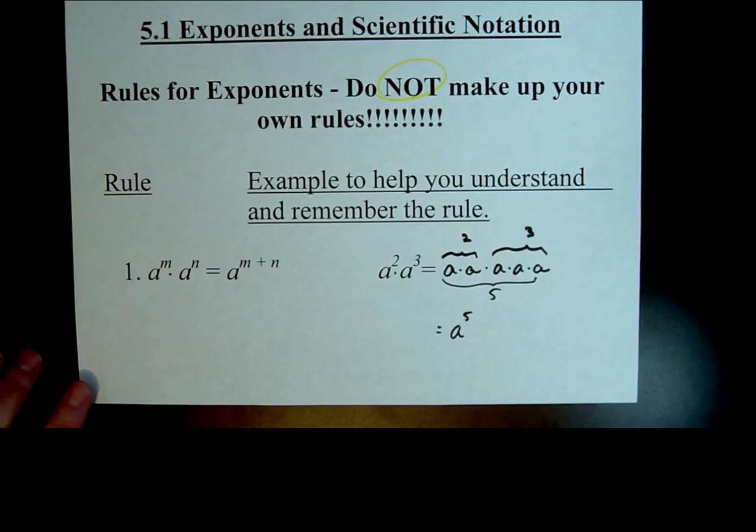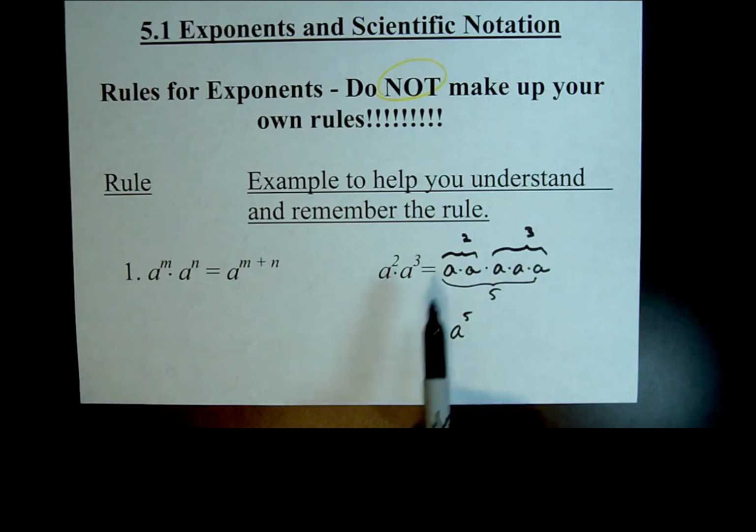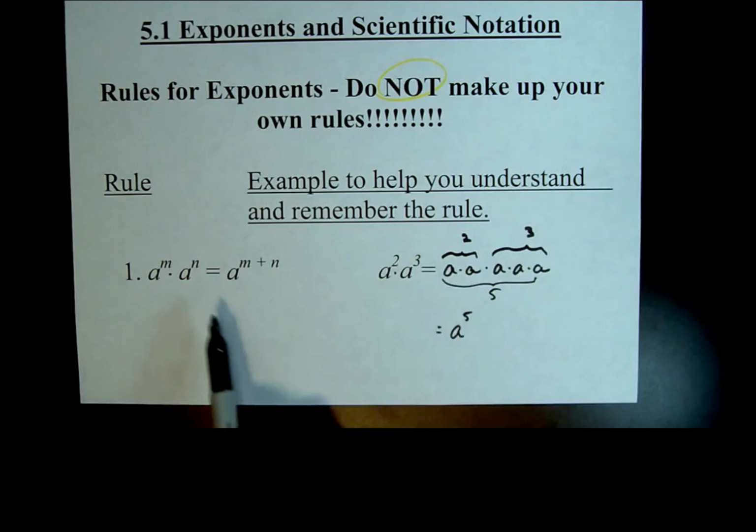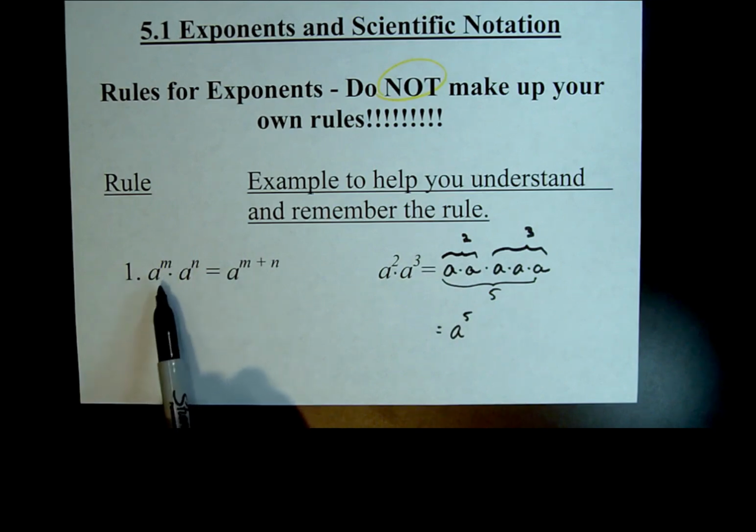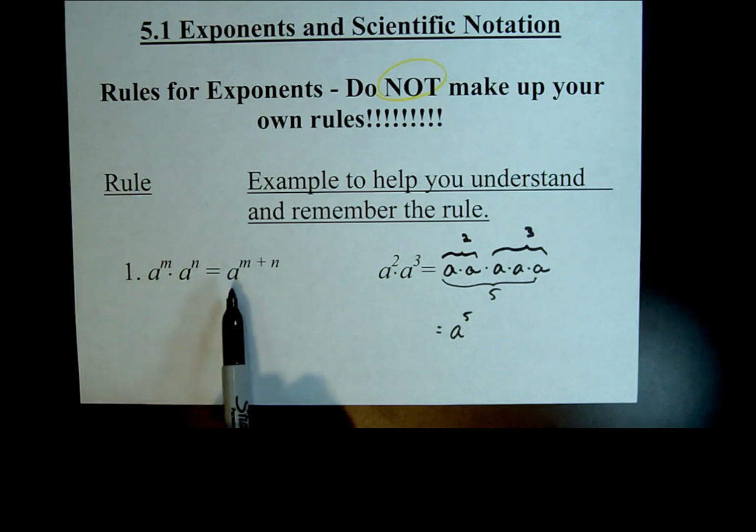Okay, so now I'm just going to say 2 more things before we go on to the next rule. First, if you really understand what's going on here, it almost doesn't feel like memorization. If you really understand that you're stringing m factors of a together with n factors of a, so the number of factors of a you have is m plus n of them, the rule makes sense, and it's not like, oh, I'm just memorizing this random thing I don't understand.